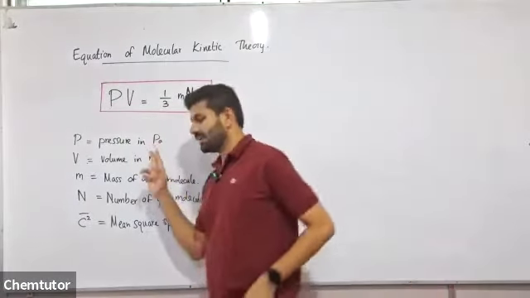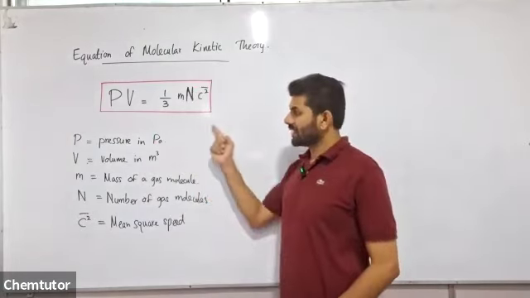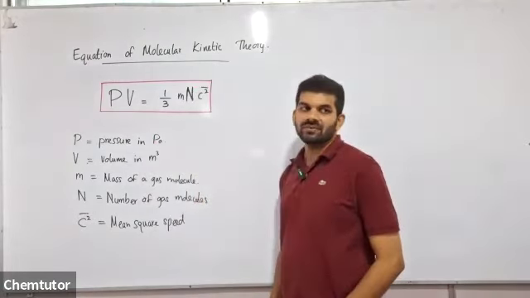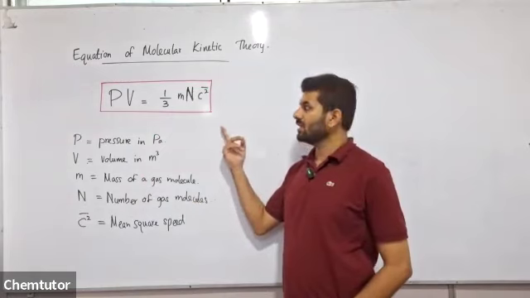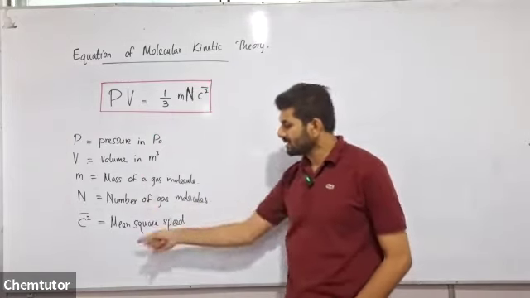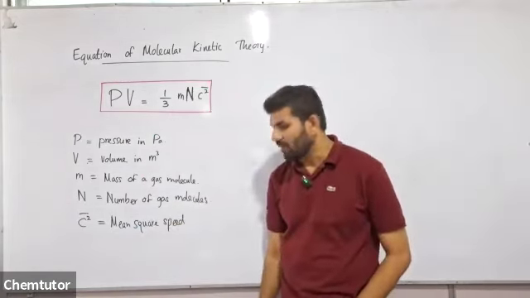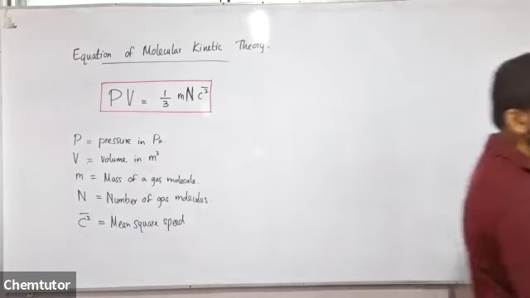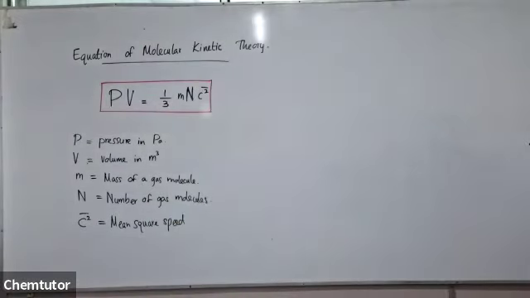Right. So in this manner, we have identified the parameters of this polynomial equation. There's a new thing, that is the mean square speed. Now let's see how to determine this mean square speed. You can write down the mean square speed and the mean speed.